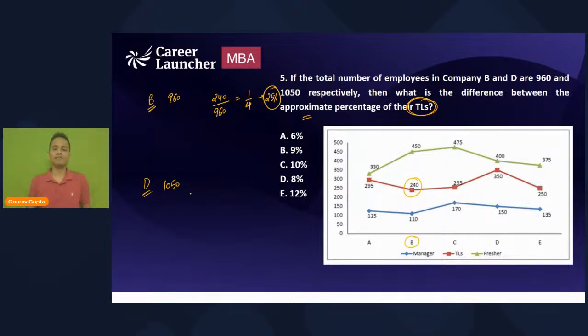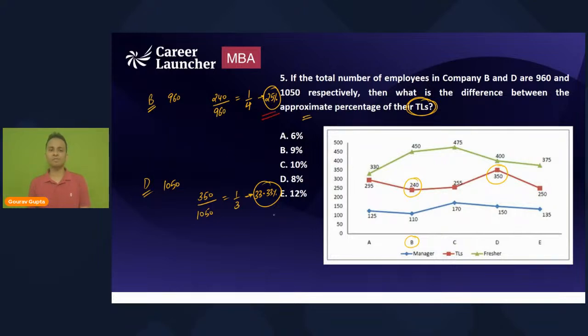Similarly, I'll do the same thing for company D. For company D, the number of TLs is 350. So 350 divided by 1050 is 1/3, and 1/3 is approximately 33.33%. Now we'll calculate the difference between these two percentage values.